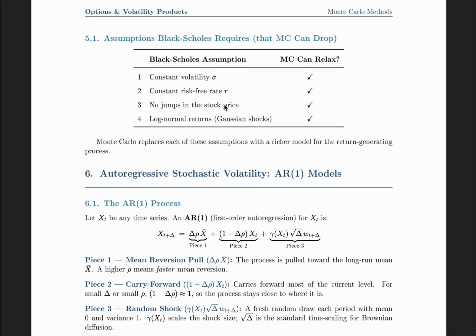Stock price is going to go from a very small value to a significantly larger value, and this assumption no longer holds. And also log normal rate of returns, right? I'm going to explain what this is in a separate video, but these are all the assumptions that Monte Carlo can relax, meaning that when we're using Monte Carlo for options pricing, we don't have to assume all of this.